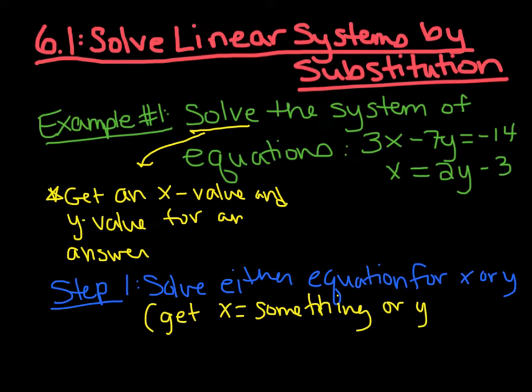So what I want you to do is look at the two equations that we have in our system up there. See which one would be easiest to solve for x equals something or y equals something. I'm hoping that you said the bottom equation was the easiest, because that one's already done for you.